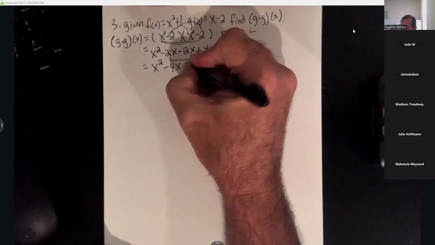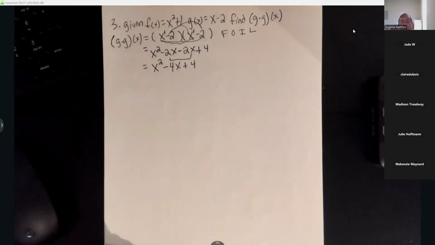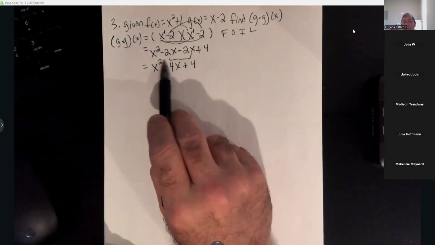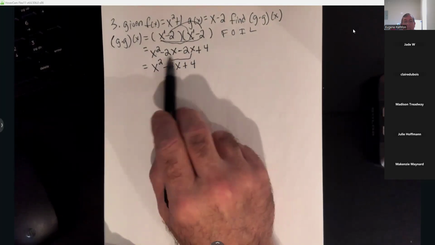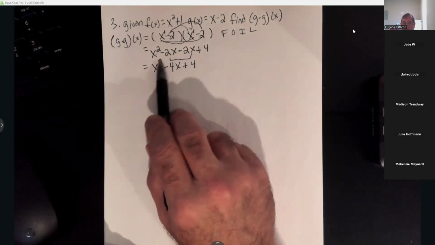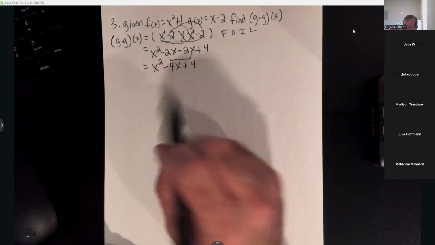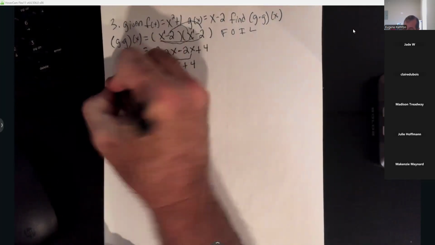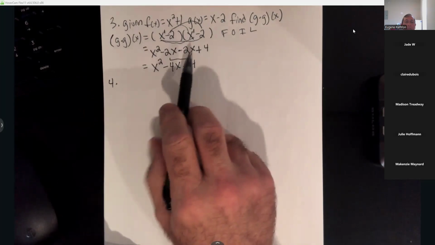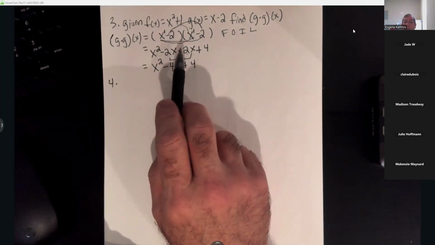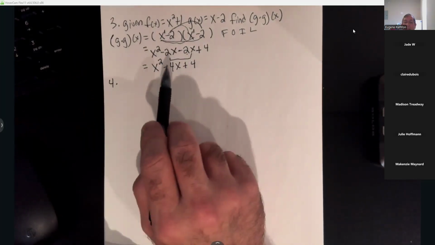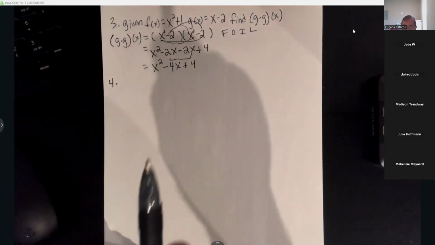And then at the end, bring down that positive 4. At this point, you don't have any more like terms, so you would be done. Okay? All right, so the thing to remember on this one is when you're adding two negatives, they will stay negative, okay?